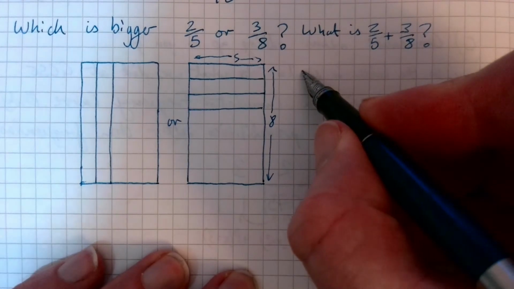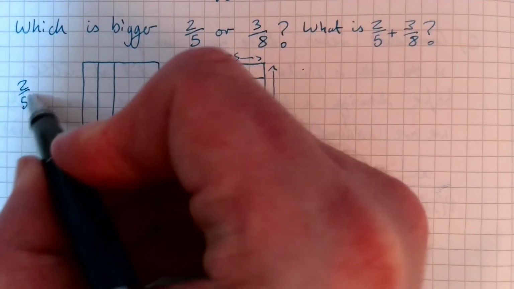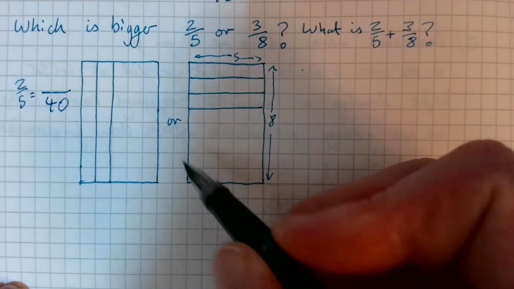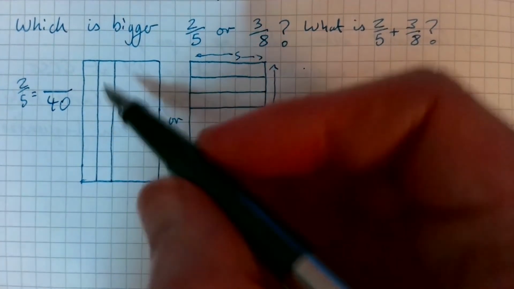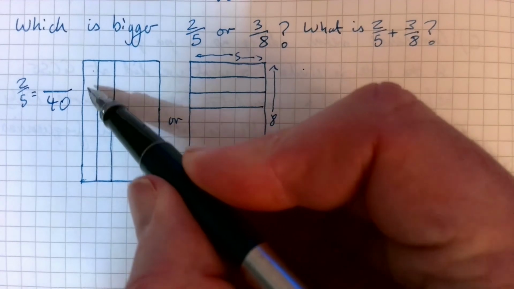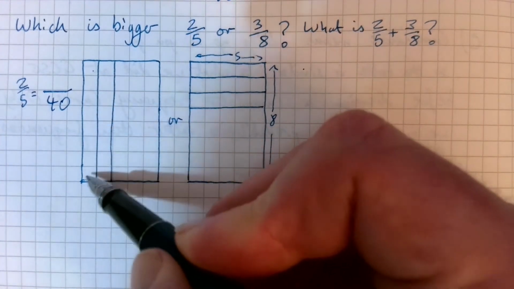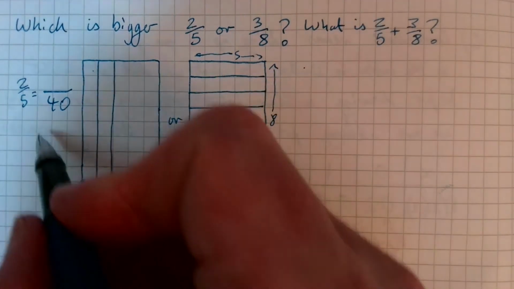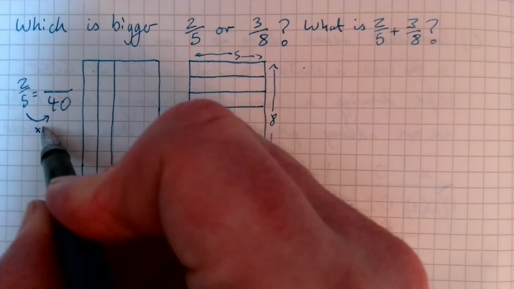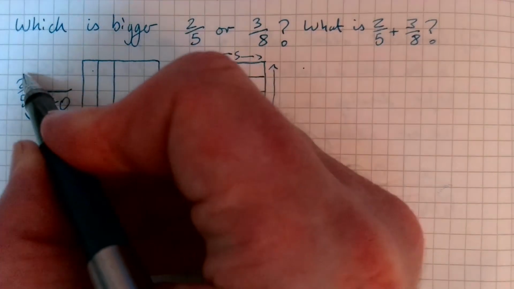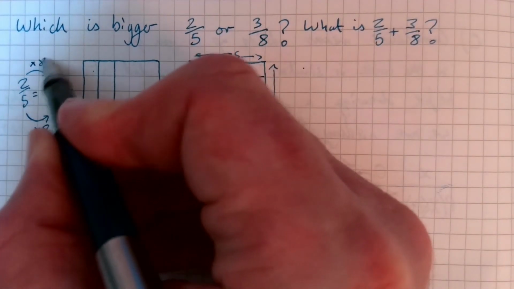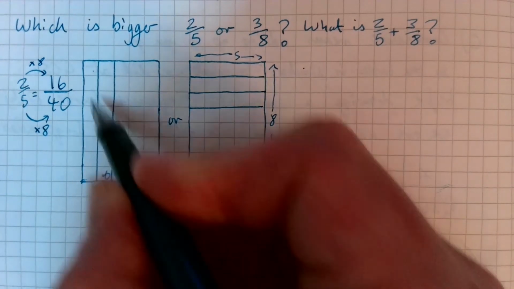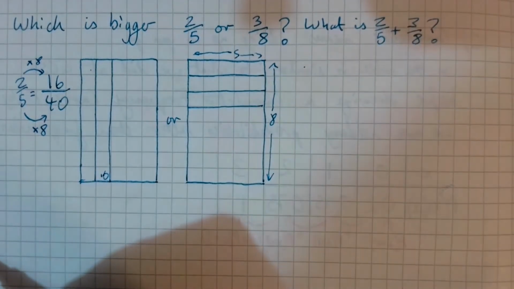So 2/5 is going to equal something over 40. Each fifth is made up of 1, 2, 3, 4, 5, 6, 7, 8 squares going down, isn't it? And it's 2/8. So I've done 5 times 8 to get 40, and I'm doing 2 times 8 to get 16, because I've got 16 squares in all of that.